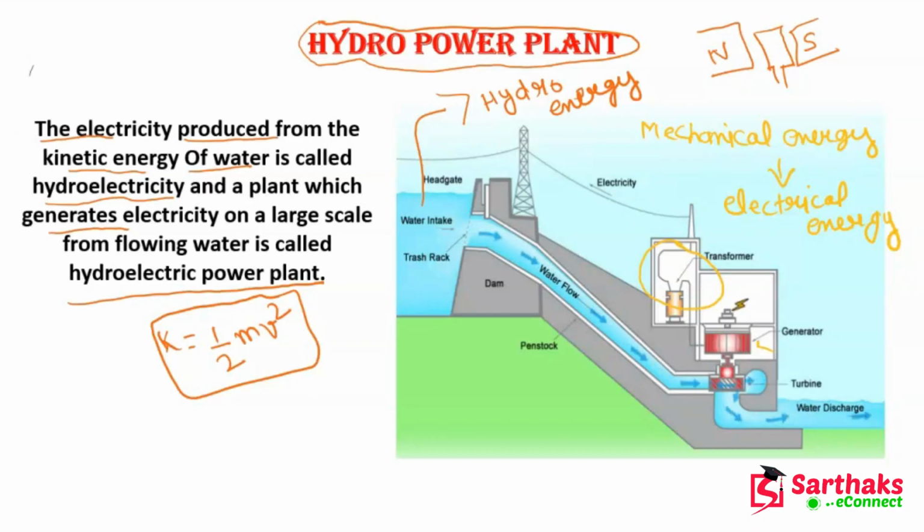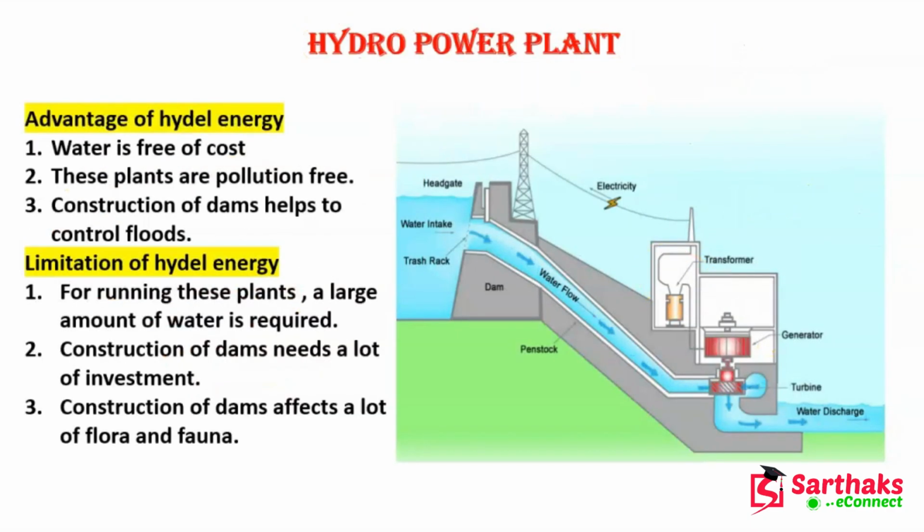Now let us move on to the next slide, and let us talk about the advantages and disadvantages of the hydropower plant. So guys, if I talk about the advantage, as we all know, water is free of cost.